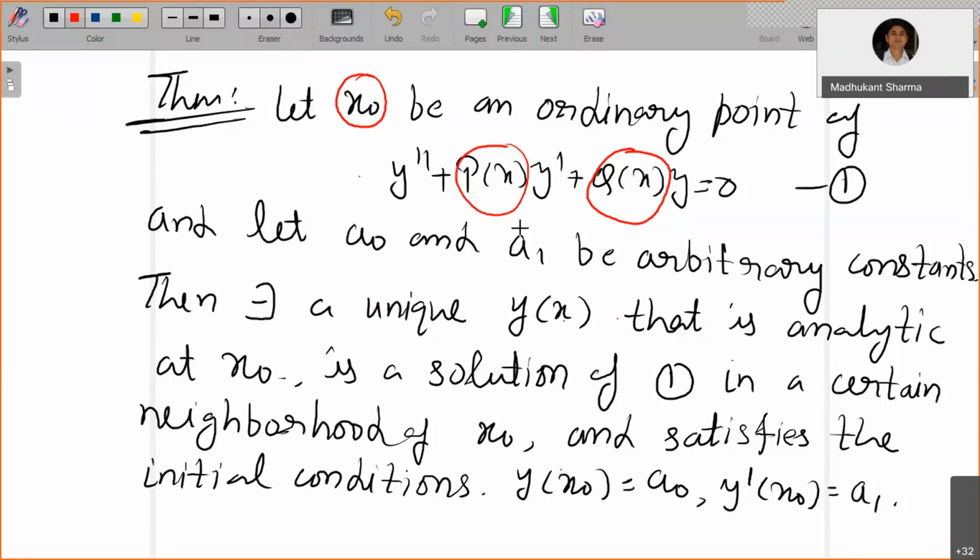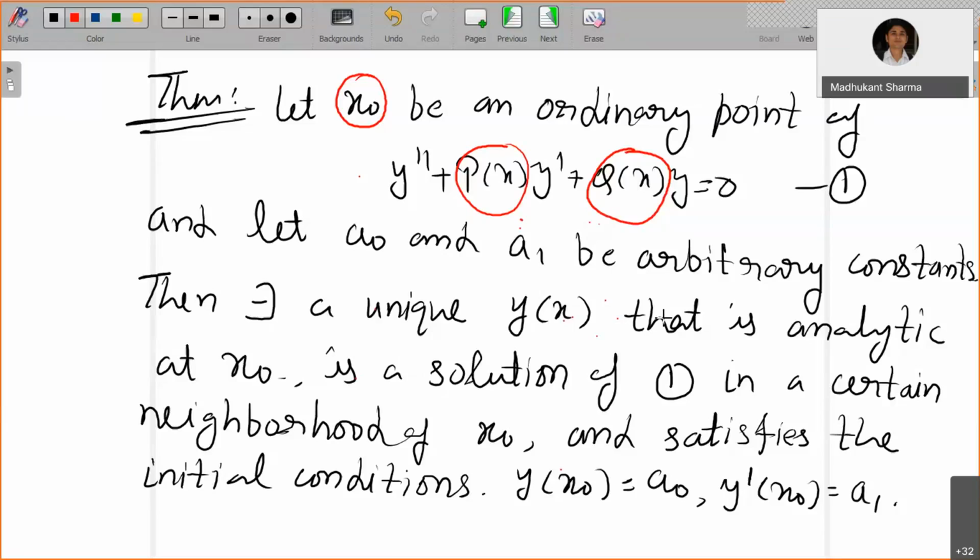Whatever interval of convergence P and Q have, similarly y will also have it. This is what I mentioned at the start: the behavior of the solution y depends on the behavior of the coefficients P(x) and Q(x).